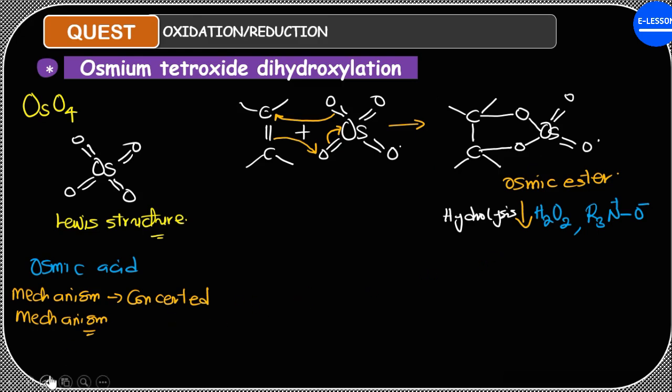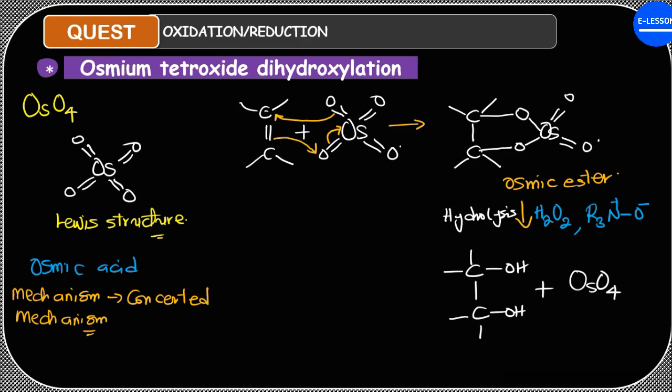So the product of this reaction would be this C, here will become OH, here is OH. After hydrolysis, the osmium tetraoxide will still remain at the end of the reaction.